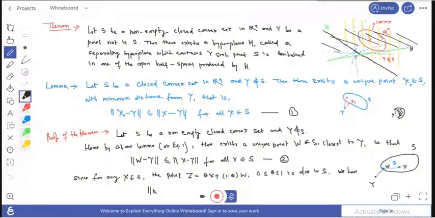We know that this distance is the minimum one, so it is less than or equal to that for this point also, that is, z minus y, because z also belongs to the set S.